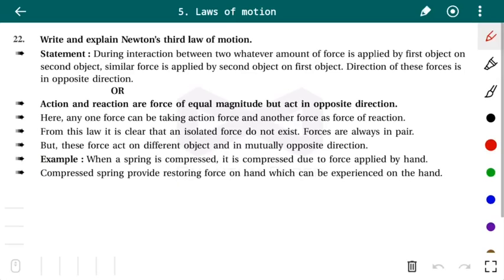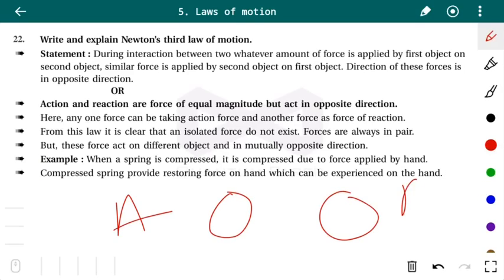So if we consider two objects, object A and object B, then the force applied by A on B is equal to the force applied by B on A. Both are in opposite direction.